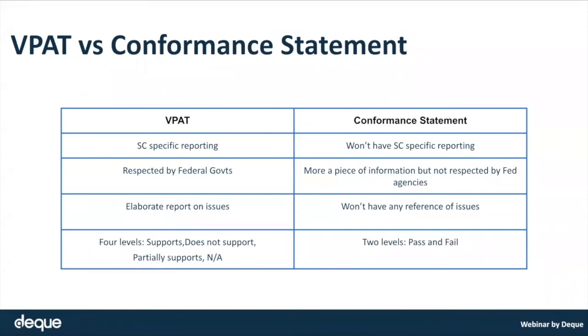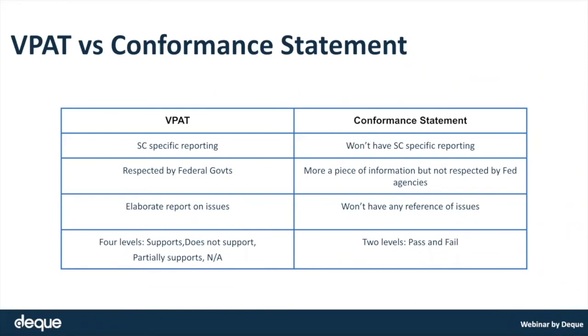Versus a conformance statement is more of a piece of information. It's not detailed out. It is not enough to evaluate you against a compliance requirement. VPAT provides you a lot of detailed reports on the issues, and conformance just says whether you're conformant or not. It does not reference issues at all.